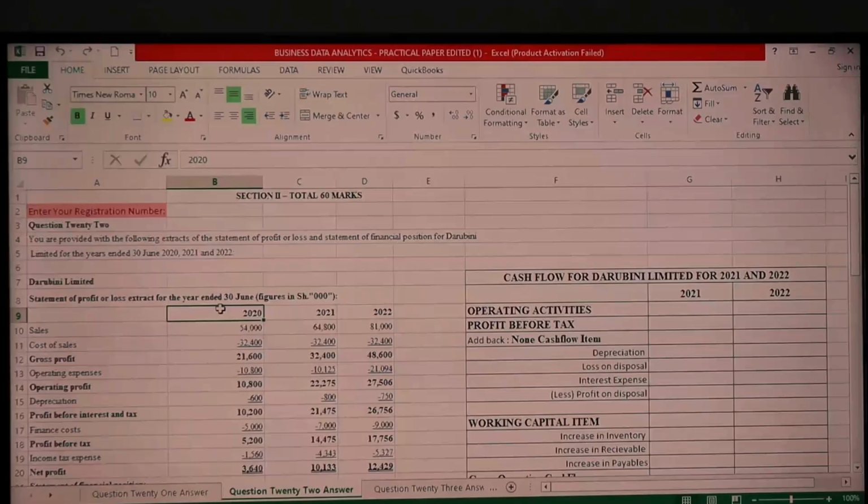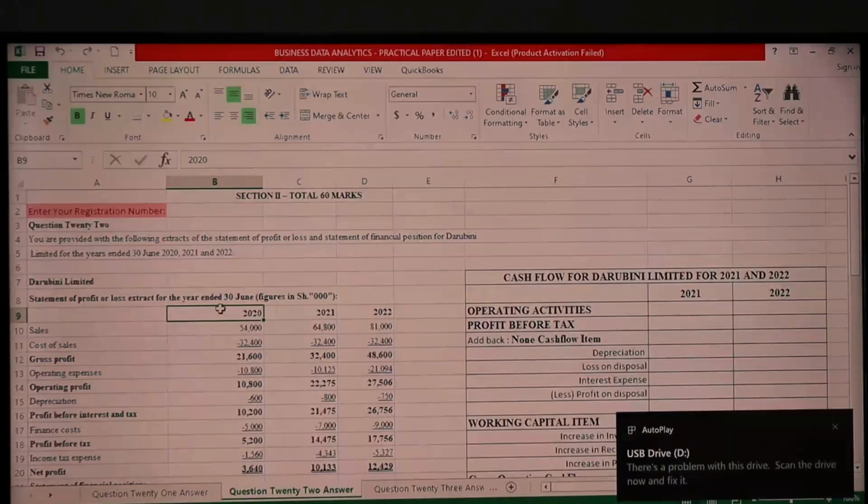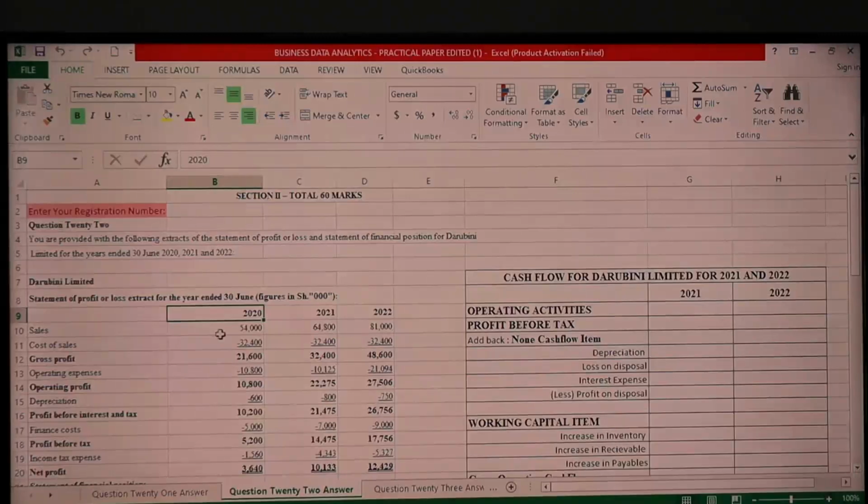Confirm that you got the data. Just download the worksheet.